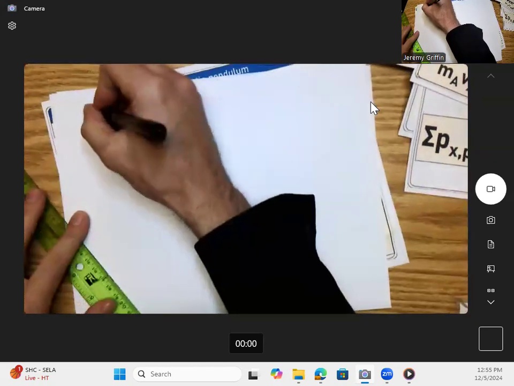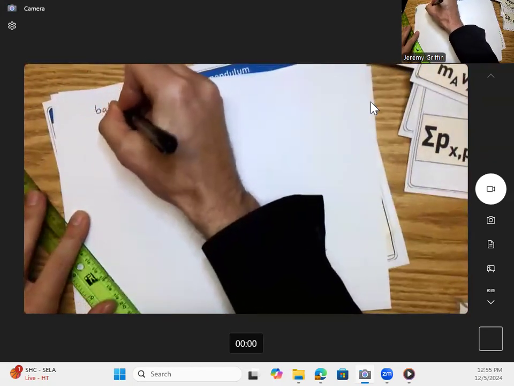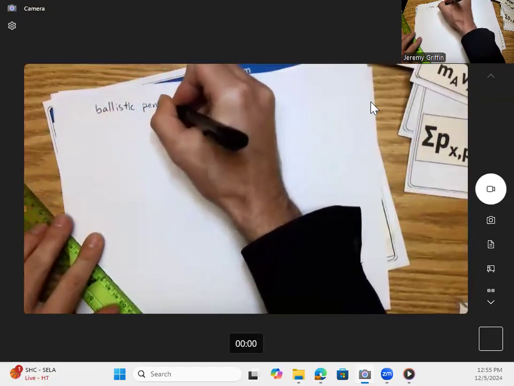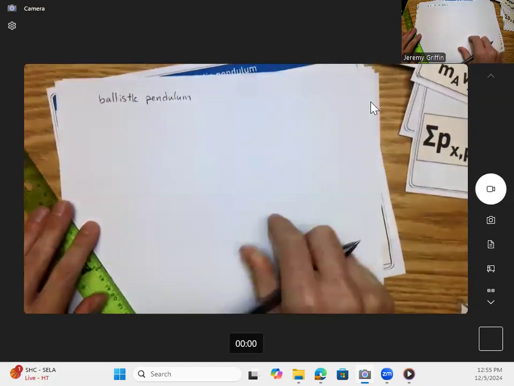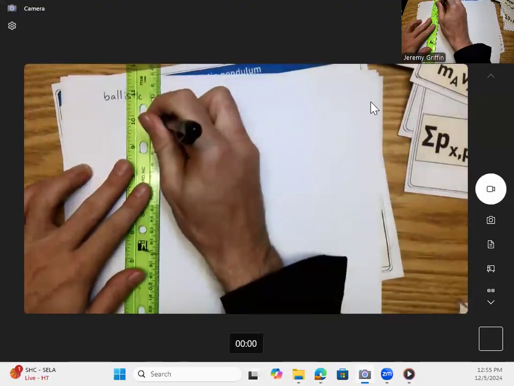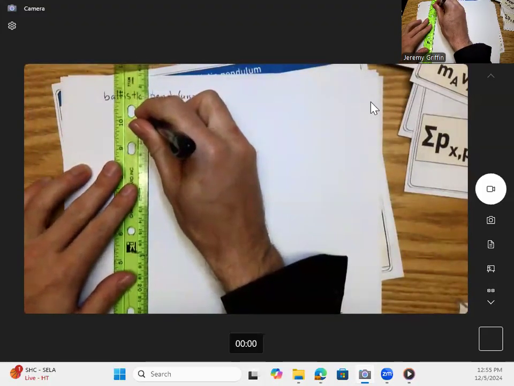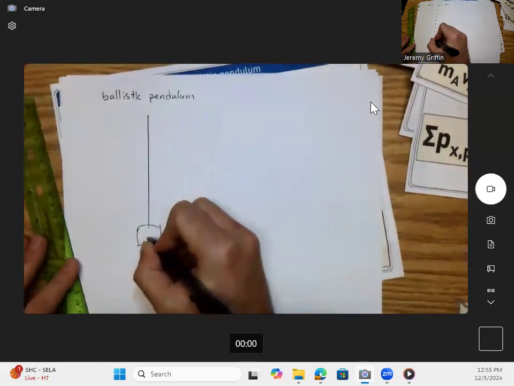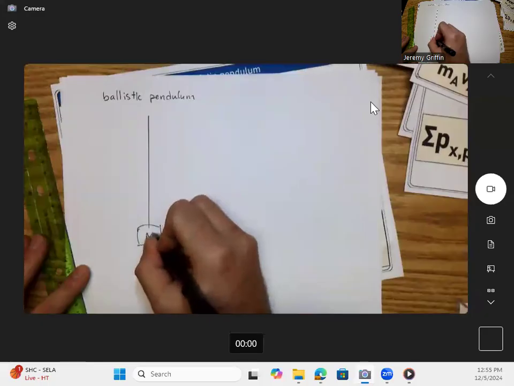Okay. So I'll call this ballistic pendulum. I got some block with some mass here.